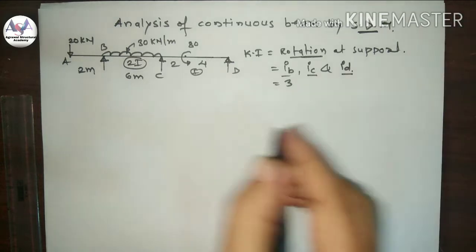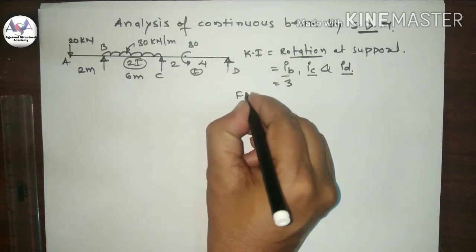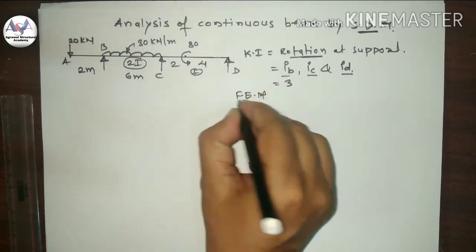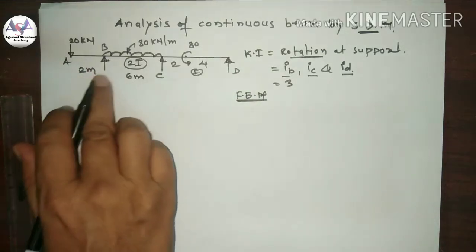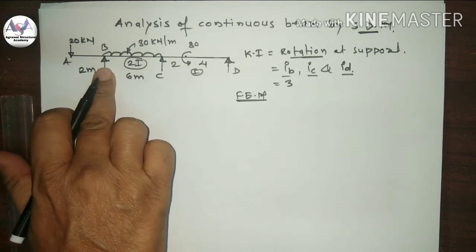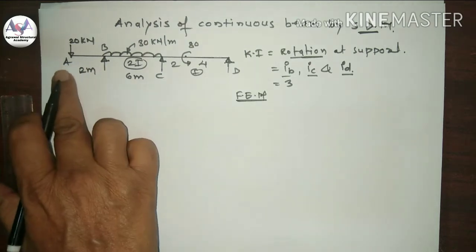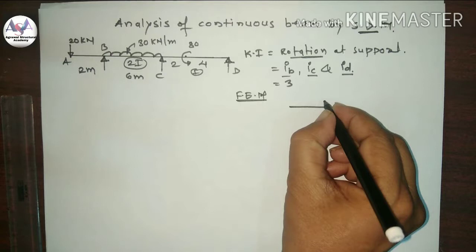Now the next step is to find the fixed end moments. So consider each span. Now clamp the support means only the B support, not the A, because A is a free end. So here clamp this.